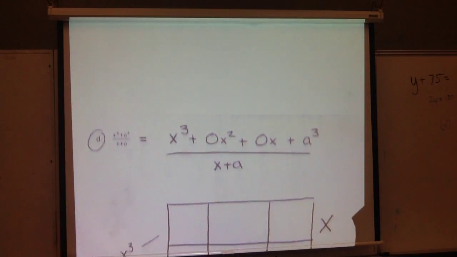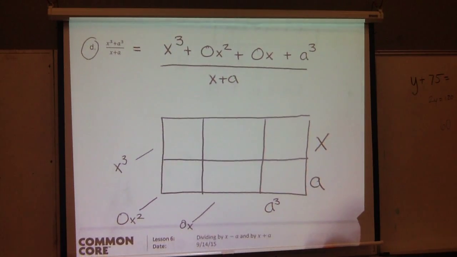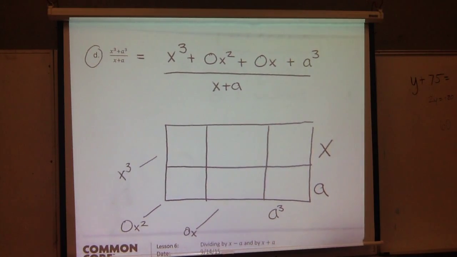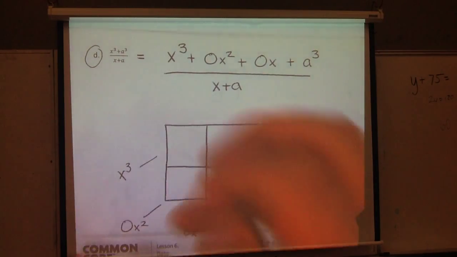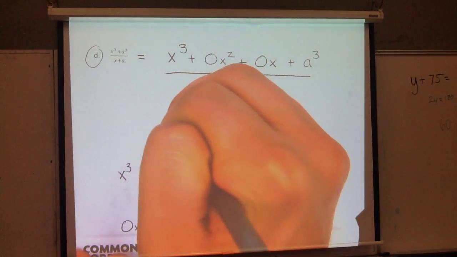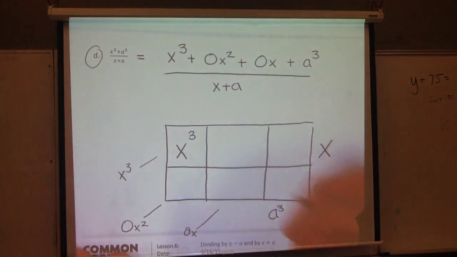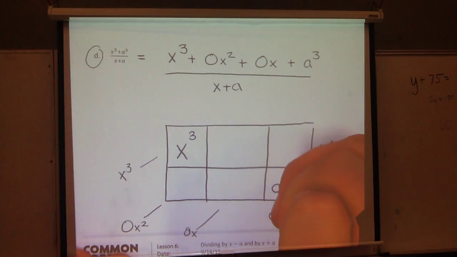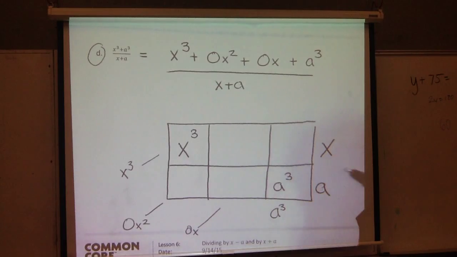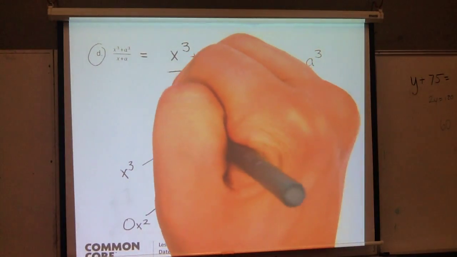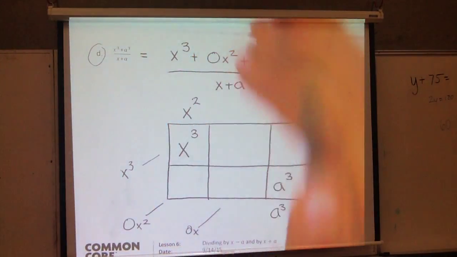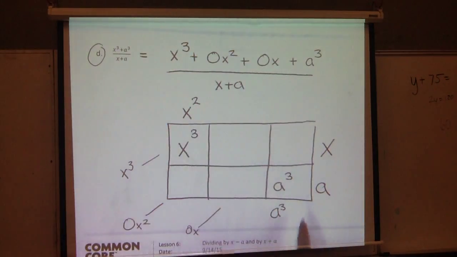In D, we're going to use the reverse box method. And I already have it set up, and I'm going to go ahead and complete it. I know that those two values go in my upper left and bottom right hand corners. I do my division, x cubed divided by x to get x squared.